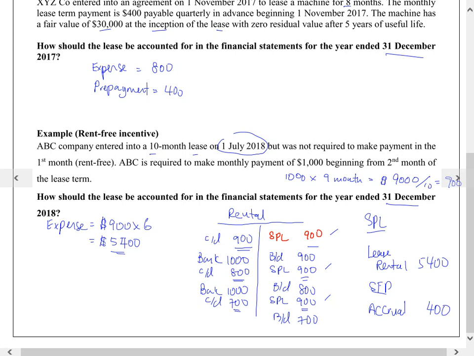It's a current liability. End of July, August, September, October, November, end of December. So lease payment, rental, short term or low value, this is how we recognize.